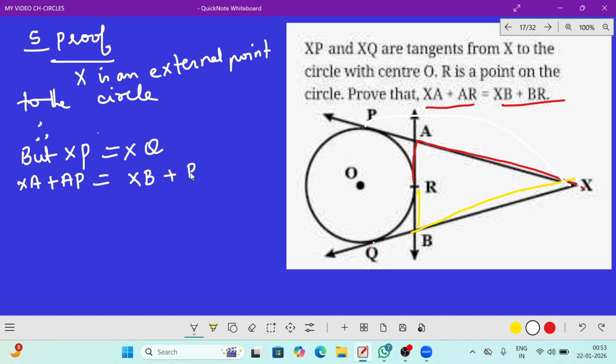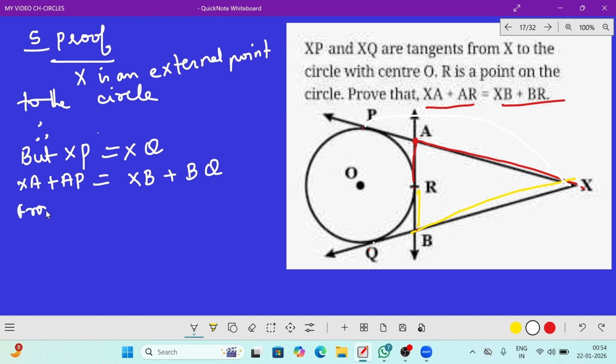But we know, from here you see this point A, AP is equal to AR because A is an external point. From point B, BQ is equal to BR. So let us write this.